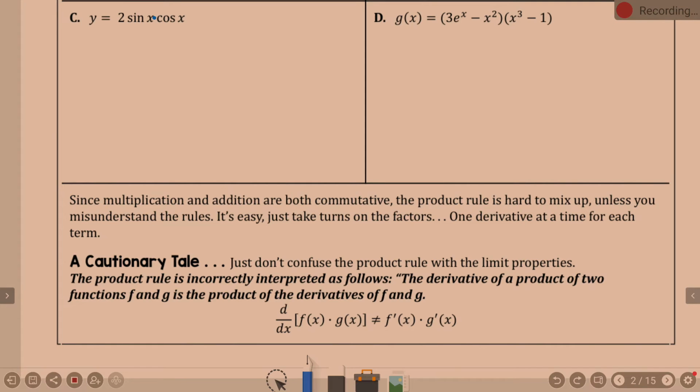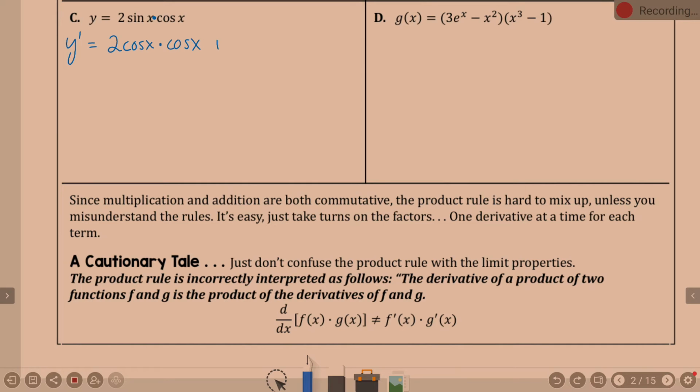So, ready? And then realize that 2 is just going to be in front of each term. Because when I say, what's the derivative of 2 sine x? Well, it's going to be 2. What's the derivative of sine x? Cosine x. So the derivative of 2 sine x is 2 cosine x times the other cosine x that's still there, correct?